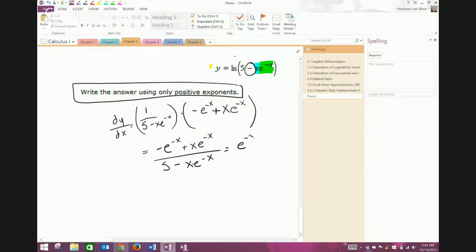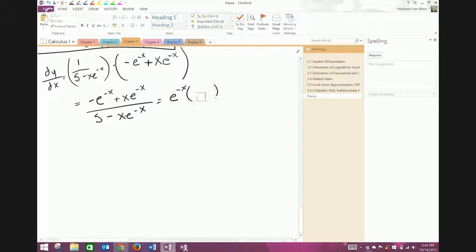So I'm going to pull out an e to the minus x on top, and I'm going to be left with x minus 1. I could write that as minus 1 plus x, but I'm going to write that as x minus 1 because it looks a little nicer. So you can see I can change that order and get x minus 1. And on bottom, I have 5 minus x e to the minus x.